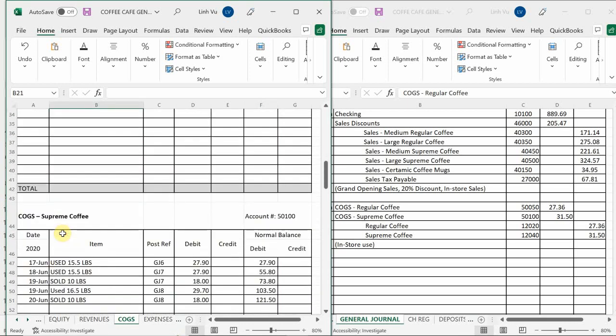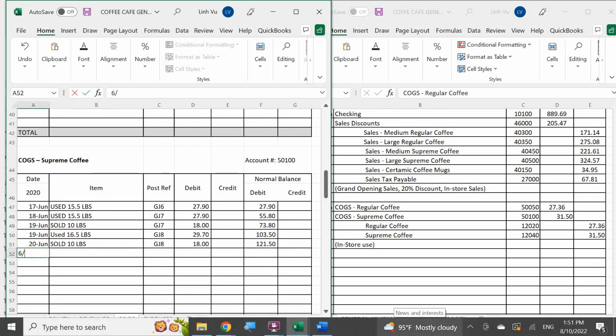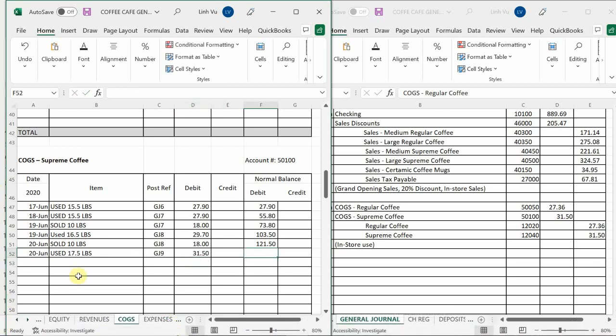Then we go down to the Supreme, and we use 17.5 pounds on page 9 for $31.50. And it would be 162, 163. 153 even.